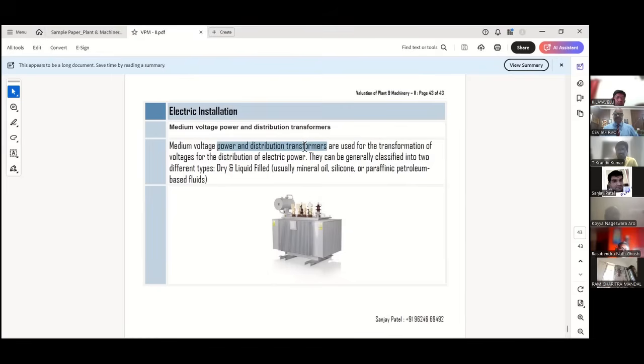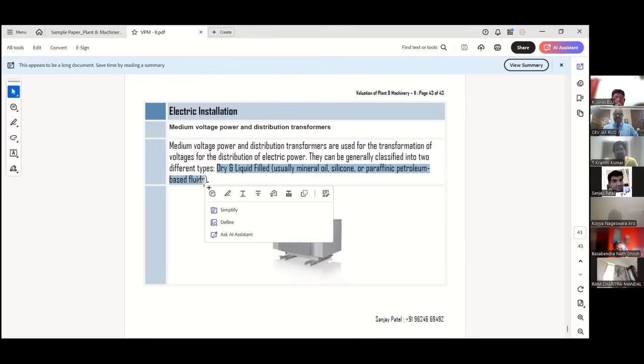So power and distribution transformers are used for the transformation of voltage for distribution of electric power. They can be classified into dry or liquid filled, usually mineral oil, silicone or paraffin oil. Okay.